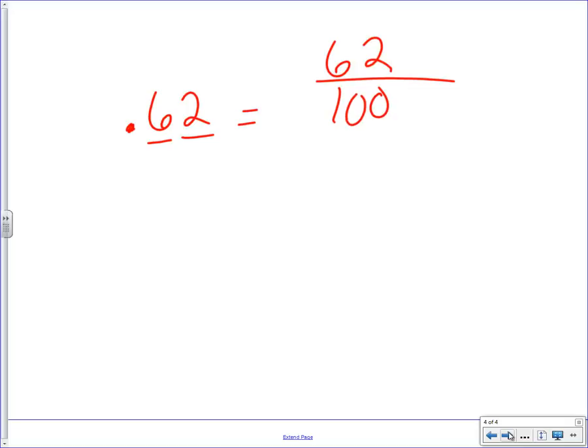Okay, let's try that again. 62 is what I hear or what I say, right? That's what I see. And the place value that I have here, hundredths, is my denominator. How do I read this? I say 62 hundredths.